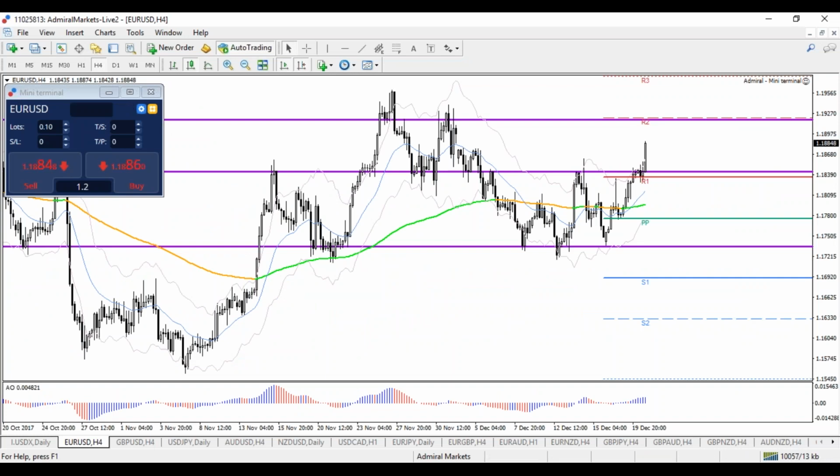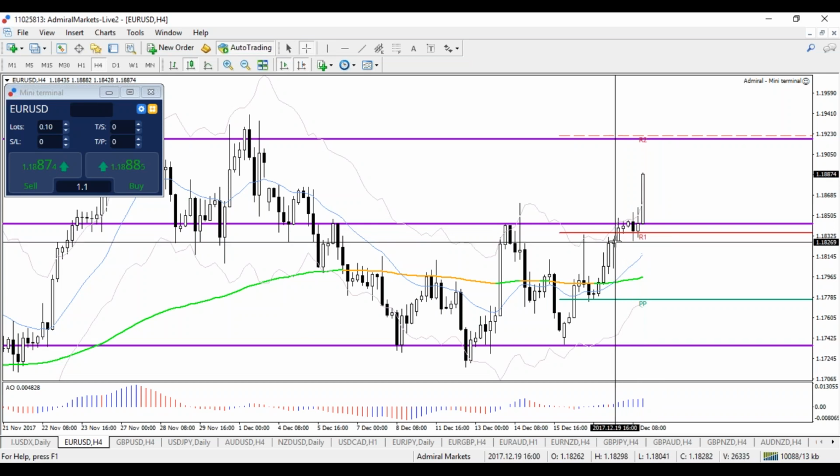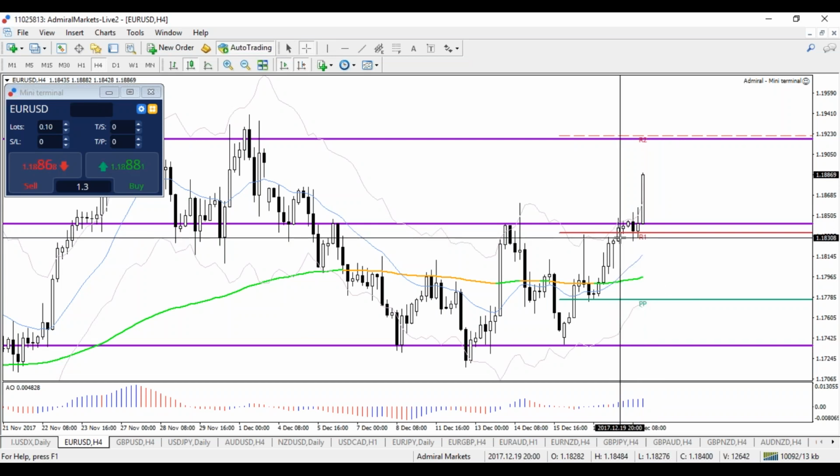All right. So yesterday we were talking about the euro dollar and the fact, will it bounce or break in this zone? Actually, price was about here, I believe. Yeah, around here. And I was saying that it really depends on the candlestick patterns, remember?